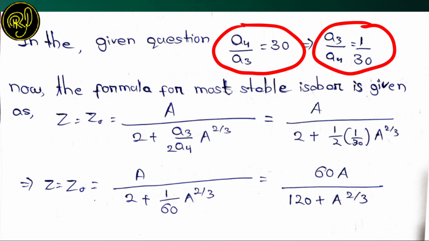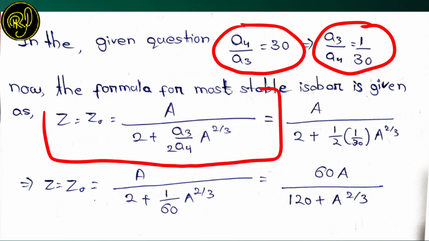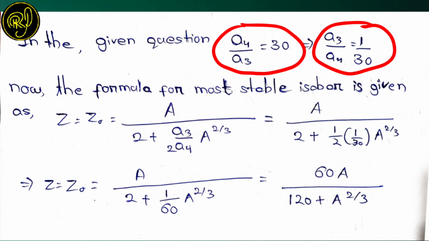Now the formula for the most stable isobar is given by Z = Z0 = A by 2 plus A3 by 2A4 multiplied with A to the power 2 by 3. This is the formula obtained by simply differentiating the formula of binding energy with respect to Z. From the liquid drop model this formula is derived. You just remember this formula.